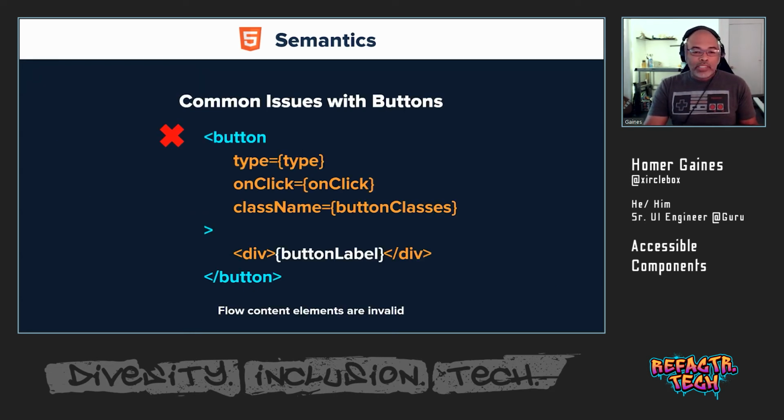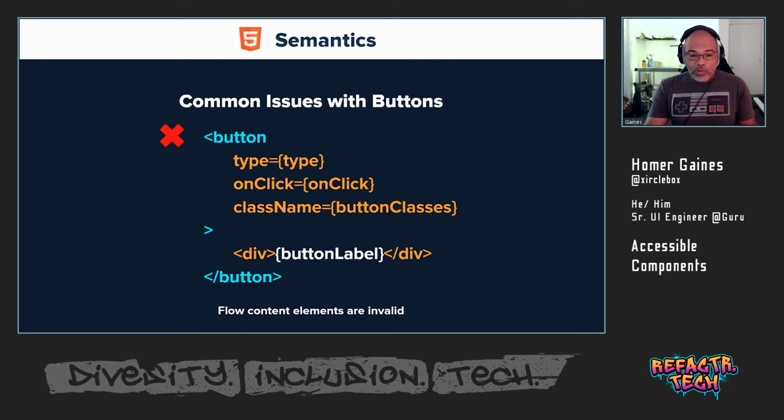Common issues with buttons that we'll see also is when we are populating the children inside of a button. We'll see divs. Well, the problem with this is that a button is a block level element, and so is a div. And you can't have a block level element inside of a button.